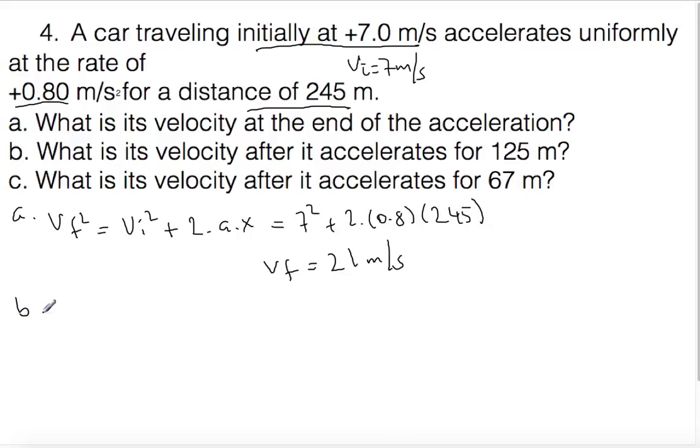We can continue with B. In B it says instead of 245 meters, it takes 125 meters. What is the final velocity? Again, final velocity squared equals initial velocity squared plus 2 times acceleration times displacement.